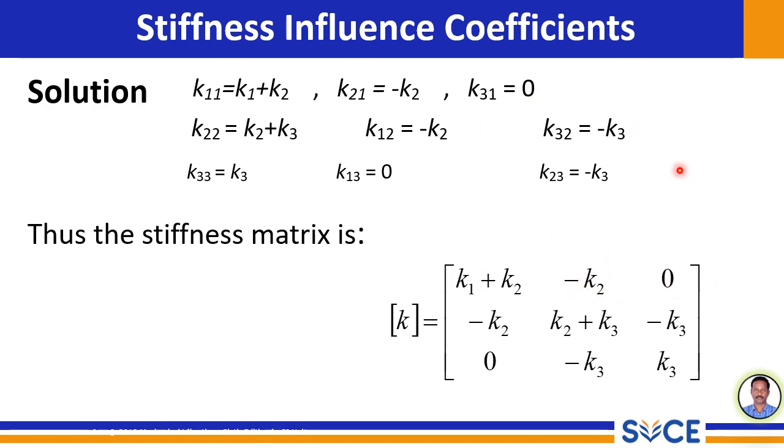The first row, third column value is 0. Similarly, we write all the values. You can see it is symmetric. It is a good check on our calculation, and is expected for linear elastic systems.